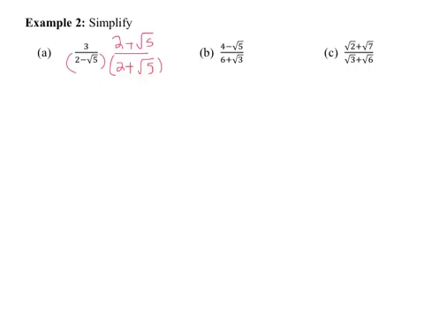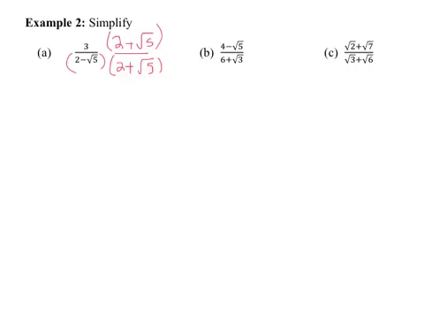When you have an irrational binomial denominator, multiply by the binomial conjugate over itself. The thing that people forget is that you still need to distribute in the numerator. See that 3? That still has to get distributed. So please don't forget that.